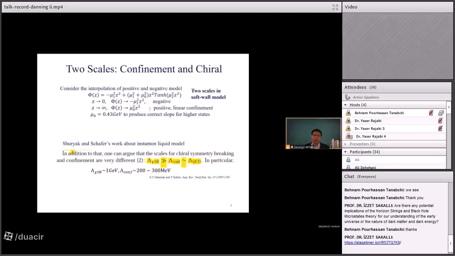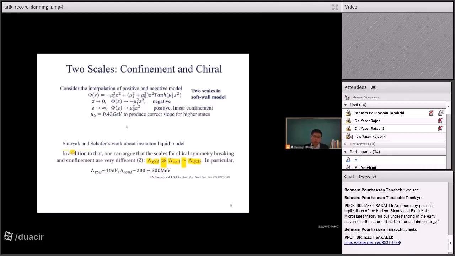Considering that the positive quadratic form of the dilaton field is responsible for the linear confinement, and the negative quadratic form is responsible for the chiral condensate, we just do a simple interpolation of these two forms. So we introduce this interpolation form of the dilaton.